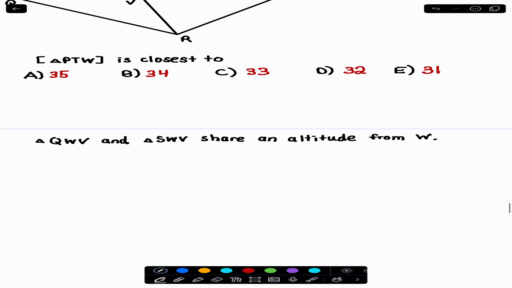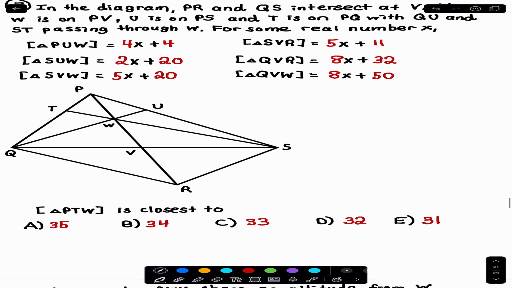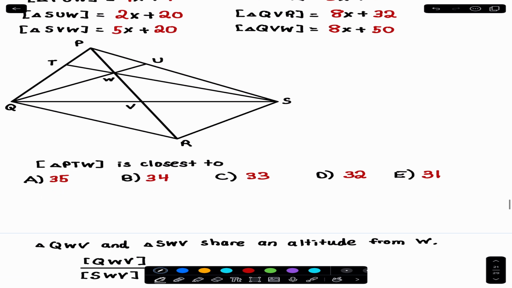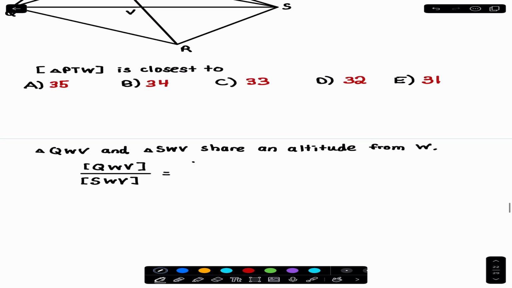So this means that we can compare their areas. We always do this because we want to compare areas with each other, since we're given these areas. QWV, that's the same as QVW, is given in this problem to be 8x + 50.